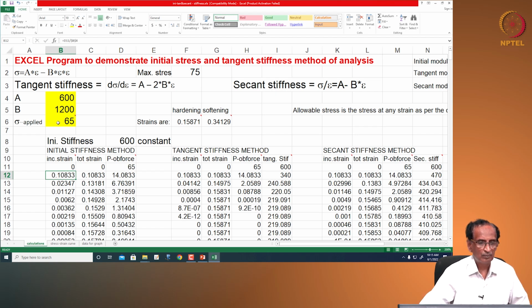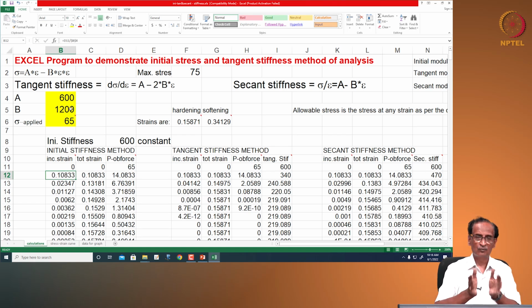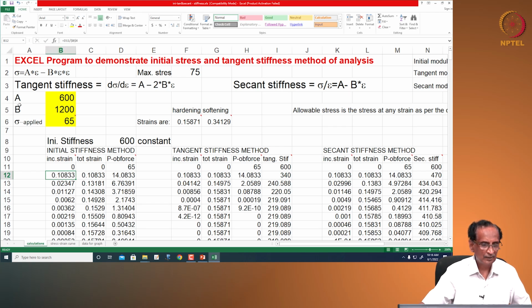B4. I hope you know Excel spreadsheet programming. If you indicate anything with a dollar sign, that will refer to one particular cell or one particular column. $B$4 means column B and row 4.